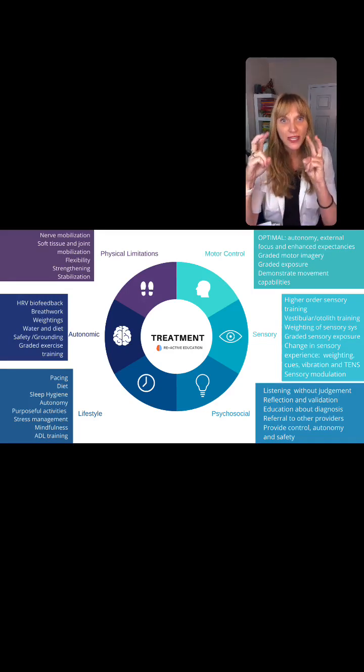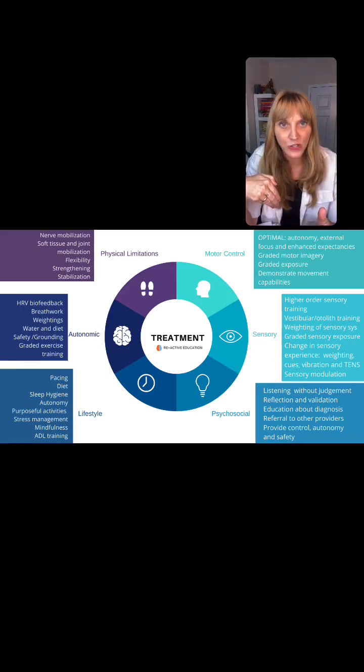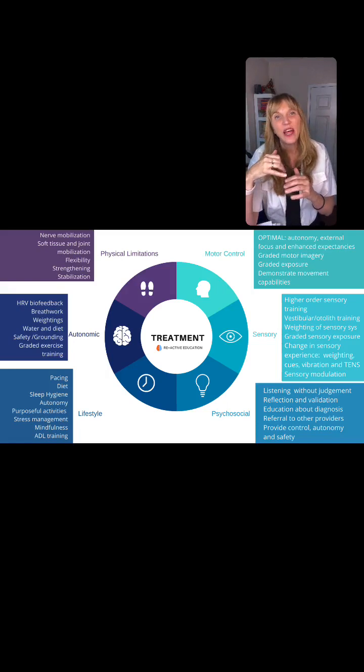So we don't treat the functional tic, we treat the reason the person's having the functional tic, right? What I see the most in functional tics are sensory, autonomic, and psychosocial pieces. And so this is why we have a team that treats all of those pieces.